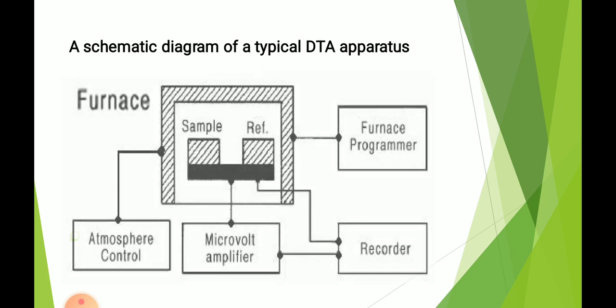So you can see a schematic diagram of a typical DTA apparatus. Here the furnace, sample holder, DC amplifier, then differential temperature detector and furnace temperature programmer, recorder and control equipment.